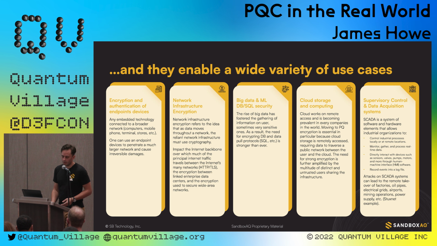There's loads of others as well, end-to-end encryption, network infrastructure, big data, clouds, and yeah, everything will need to be transitioned. But the important thing to realize is this is not a drop-in. You can't just pull out elliptic curves and drop in post-quantum. Everything needs to have a holistic approach or an ad hoc solution. And yeah, there's lots of different ways this is being addressed in the community.